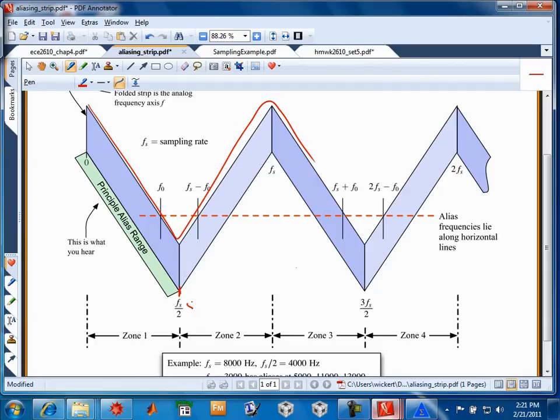If I take Fs over 2, multiply by 2 pi, and divide by Fs, that's pi. That's consistent with what we were just saying on the omega hat axis, that the principal alias range is from 0 to pi. I just wanted to jump over to this to let you know that the principal alias range in Hertz, being Fs over 2, corresponds to pi in terms of omega hat.